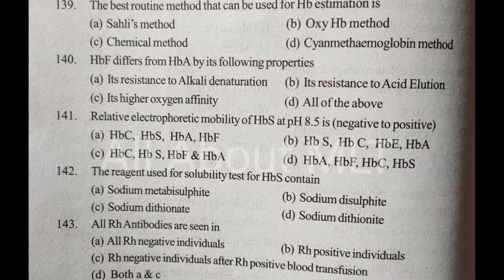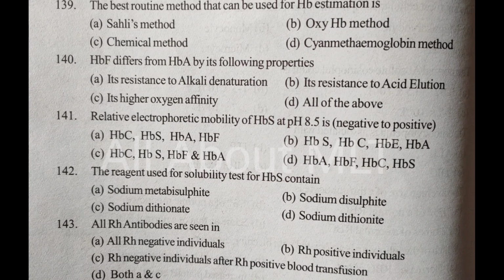Relative electrophoretic mobility of HbS at pH 8.5 is option A HbC, HbS, HbA, HbF, option B HbS, HbC, HbE, HbA, option C HbC, HbS, HbF and HbA, option D HbA, HbF, HbC, HbS.